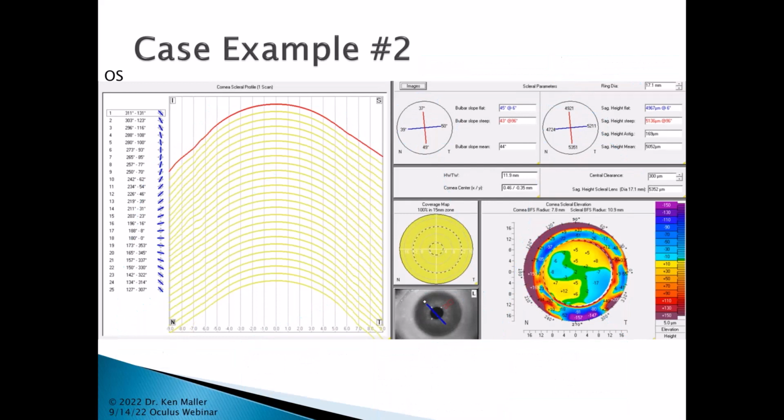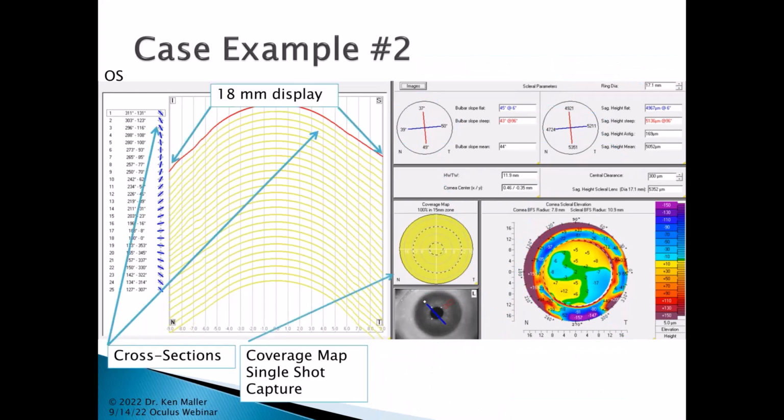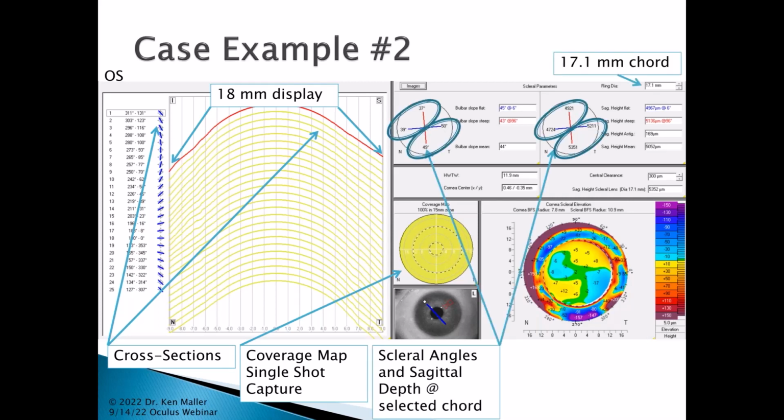So on the left eye, once again, we can take a look at the arcs, 18mm display. Again, a single capture was able to capture the entire data on all of this. And at the 17.1mm chord, we see something very different now. On this particular eye, we have about 38 degrees, both nasal and superiorly, where we have about 50 degrees inferiorly and temporally.